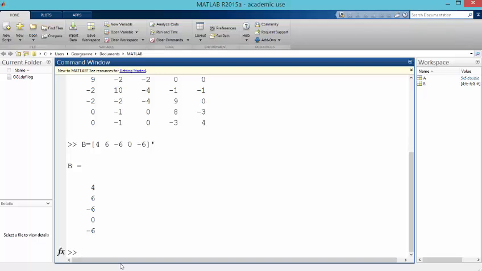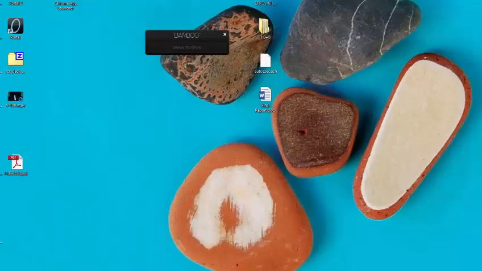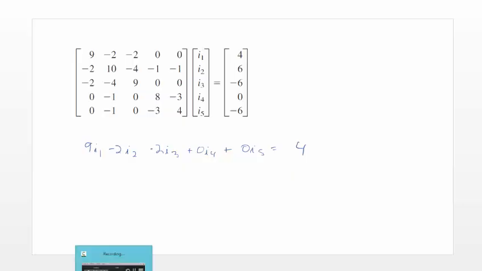So what I just said, to solve this equation, I need this, I need that. Oh, it's so hard to draw straight lines on this drawing board.